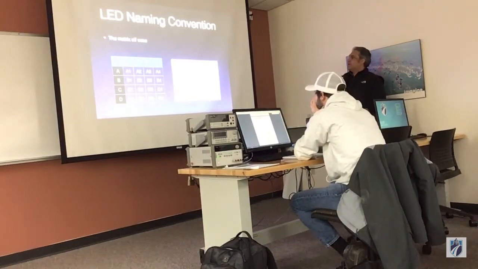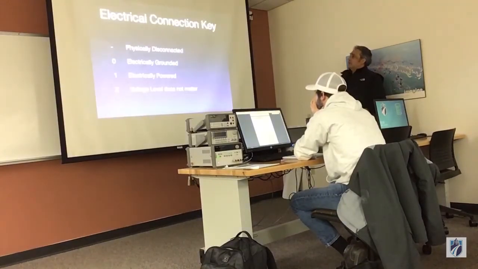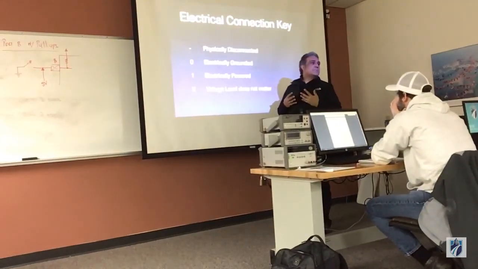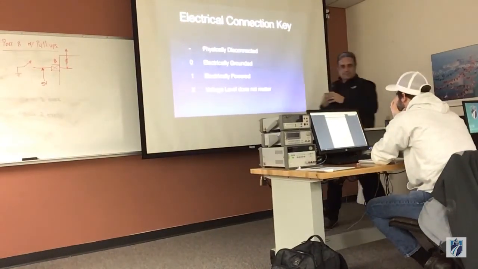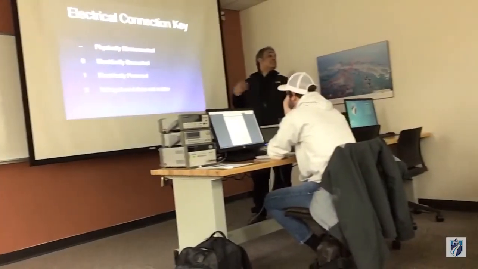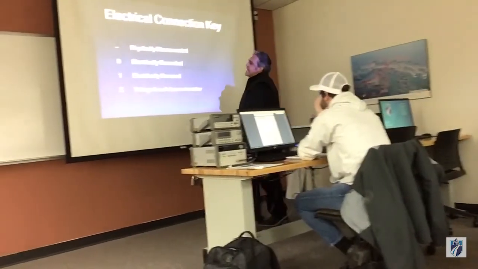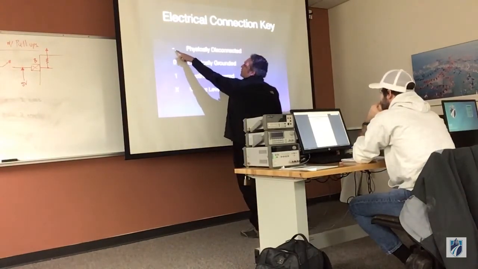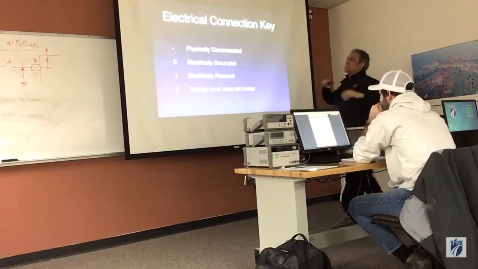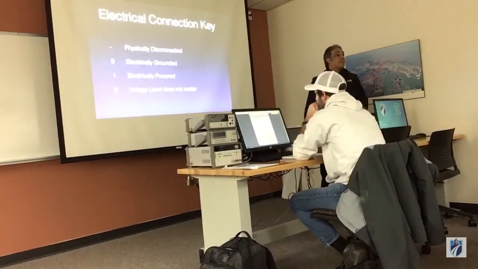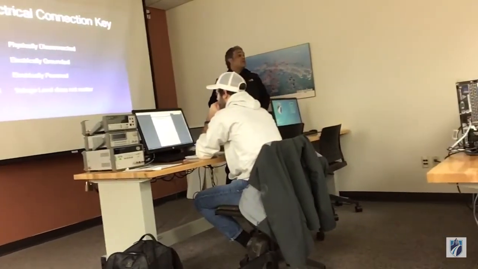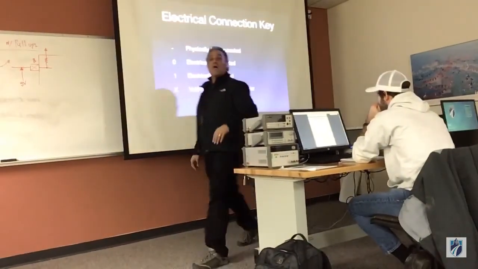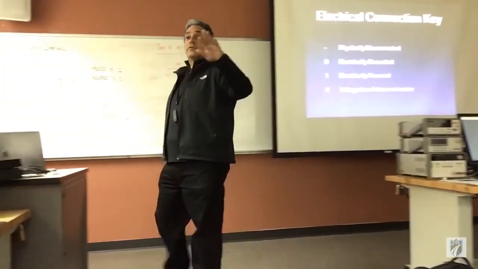All right, here's the deal. We're just going to try to figure out how we make some basic shapes appear in this matrix. If I'm going to make this shape appear in this matrix, I can have these 4 electrical states. One, with a bar: when you see a bar in that little box, it means that I am physically disconnected from it. You can take a transistor and cut it off, and then the transistor shuts down all current to that spot.